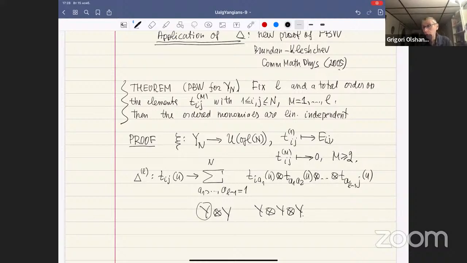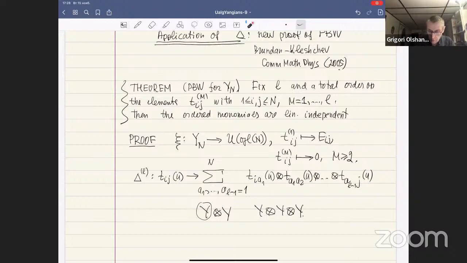And we can do this in any way because the result does not depend on it. And we exactly get this expression. And what is important is that it is an algebra morphism.